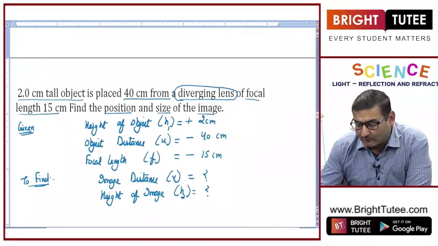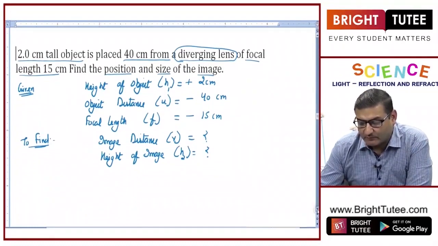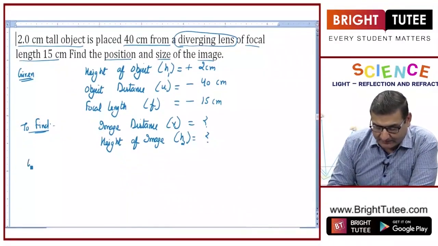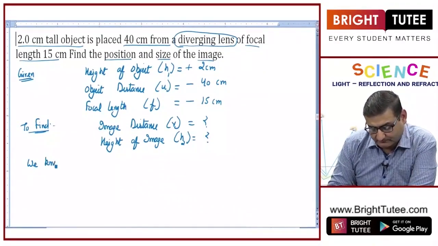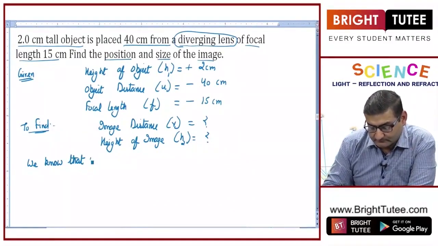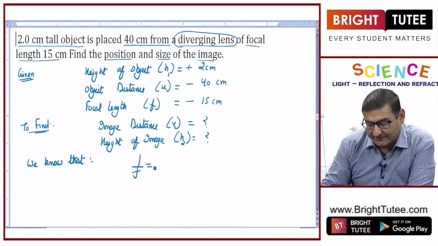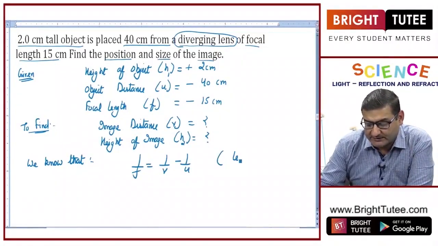Right? Now putting these values in our formula, once again we know that one by f is equal to 1 by v minus 1 by u. This is through lens formula.